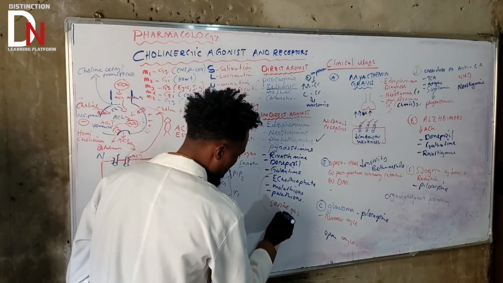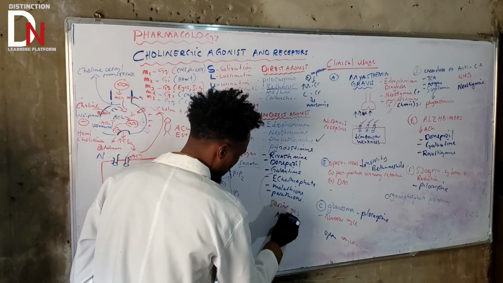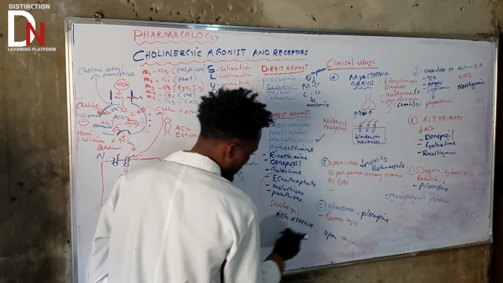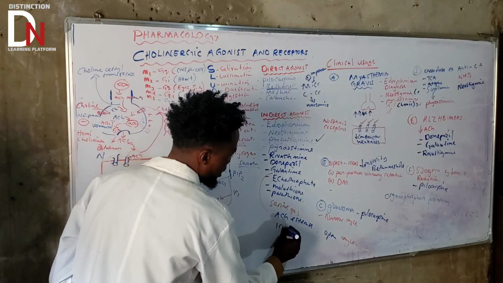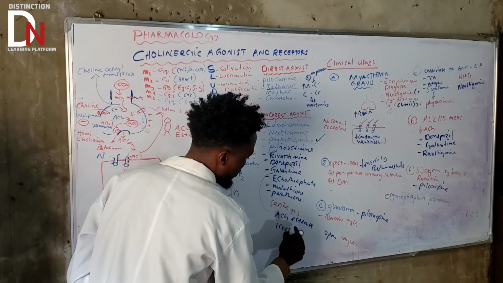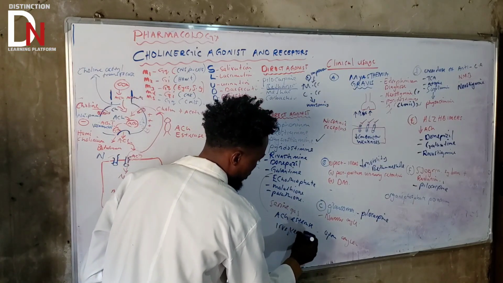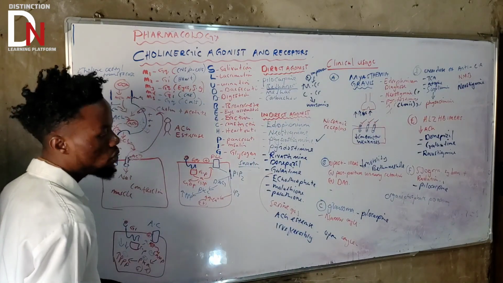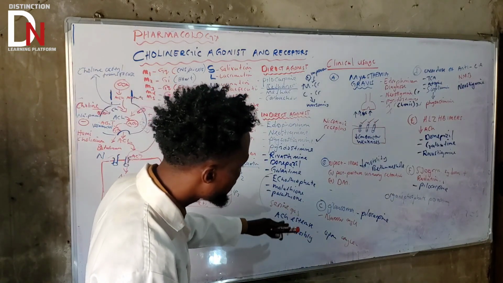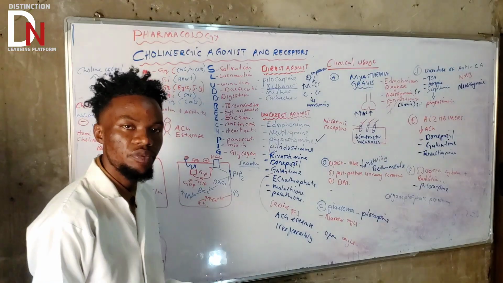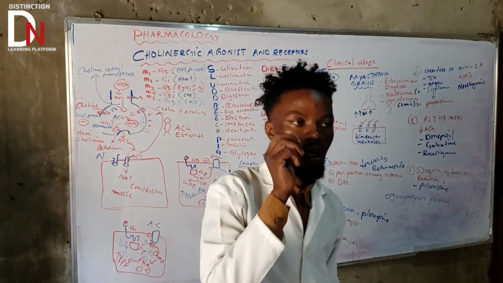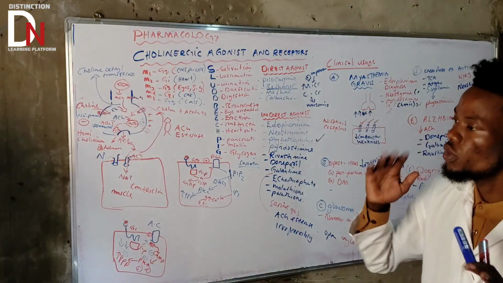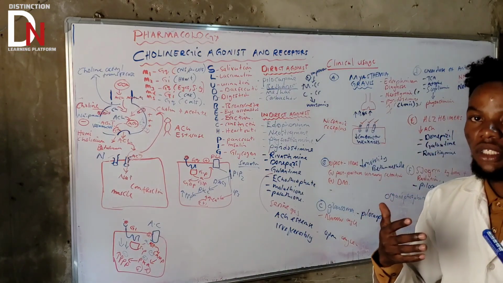Organophosphate poisoning means this enzyme, acetylcholinesterase, is going to be inhibited irreversibly. If you give these drugs, you inhibit acetylcholinesterase permanently, so it's not going to perform its function in the future.